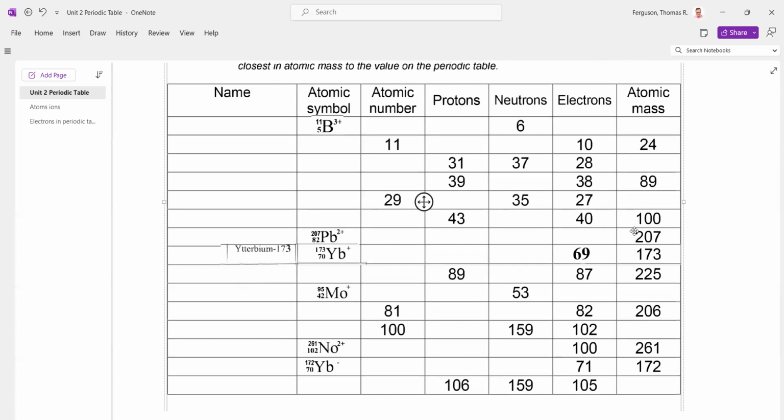Okay, so let's look at the first one. We find boron on the periodic table, right over here, kind of in the middle. If you take out the periodic table from your lab packet, that's a pretty good periodic table.